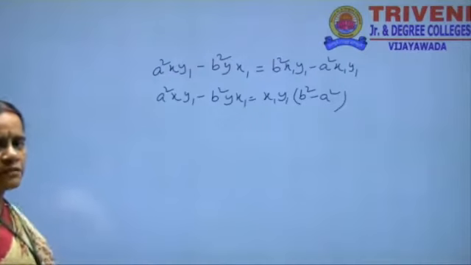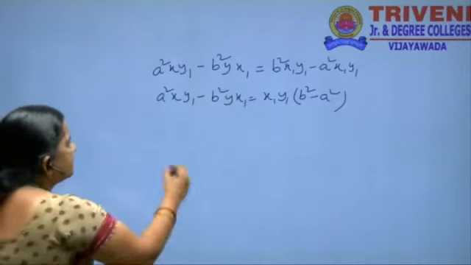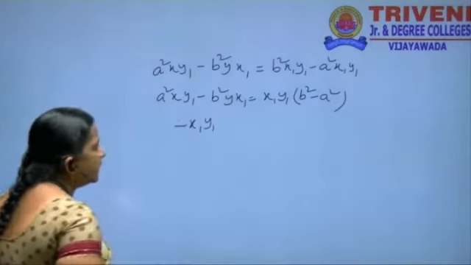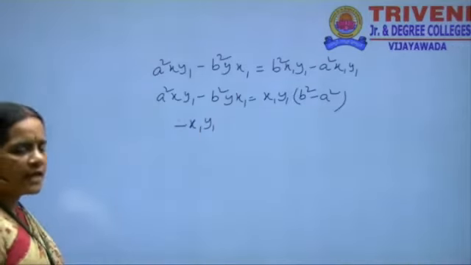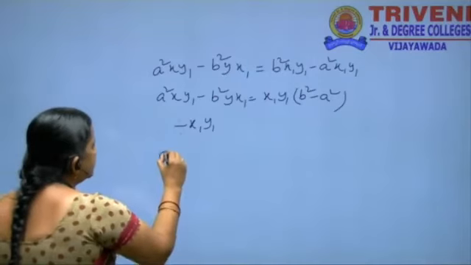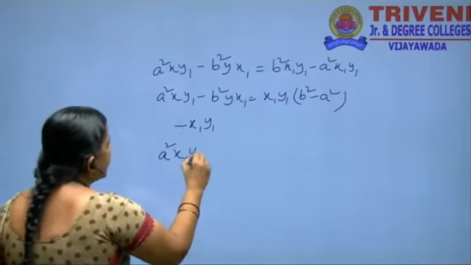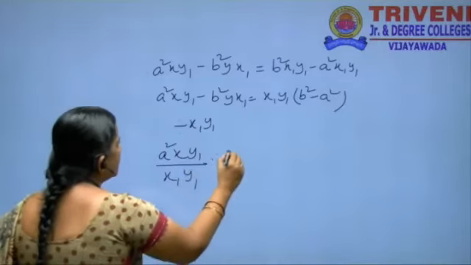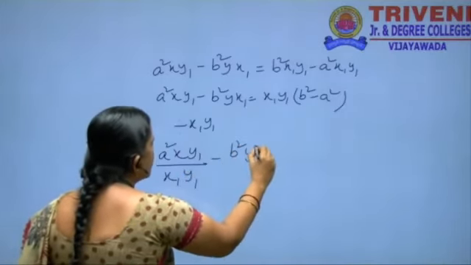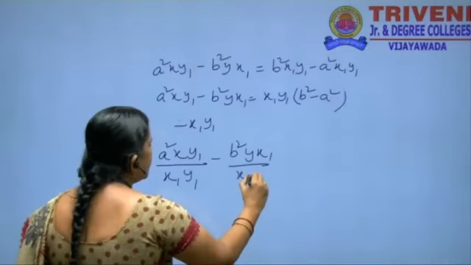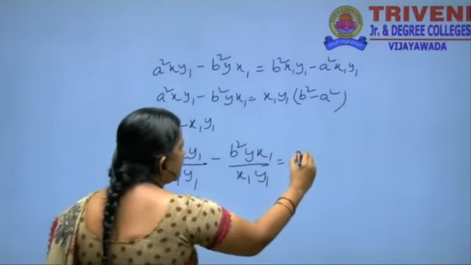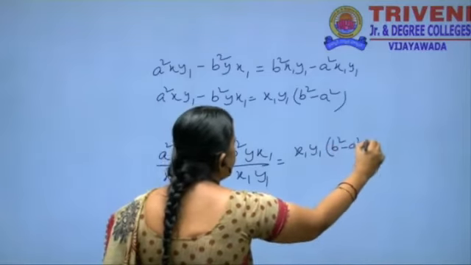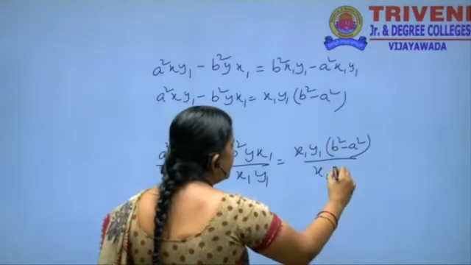Dividing throughout the equation by x1 y1, we get a square x y1 by x1 y1 minus b square y x1 by x1 y1 is equal to x1 y1 into a square minus b square by x1 y1.